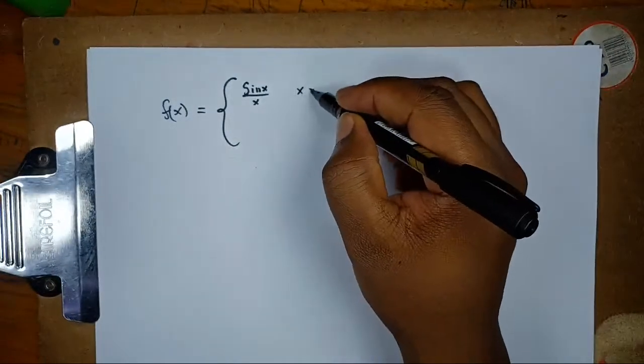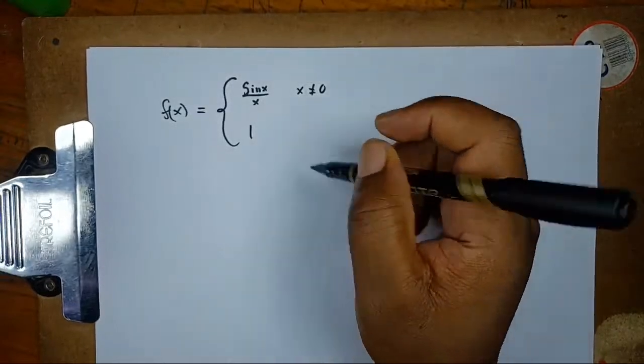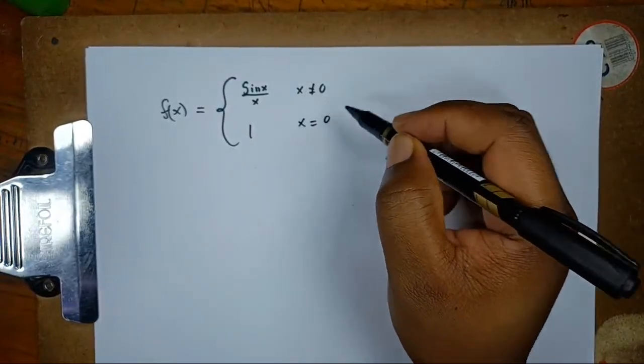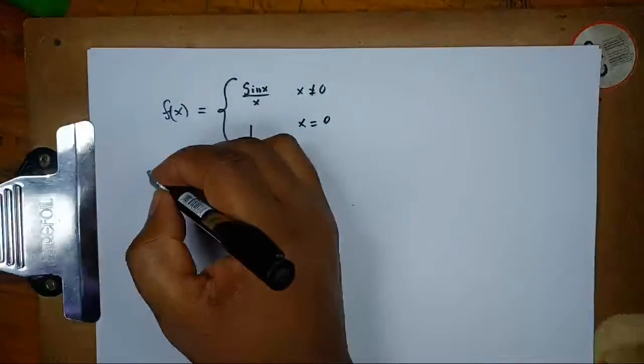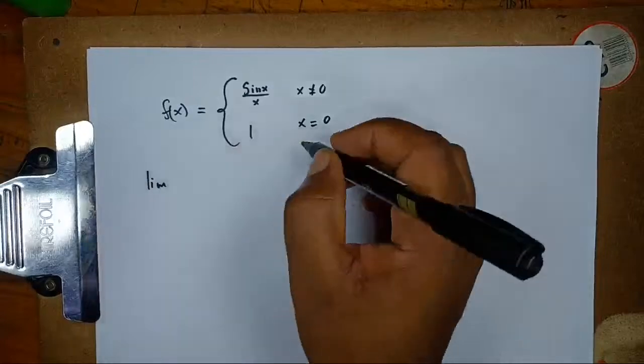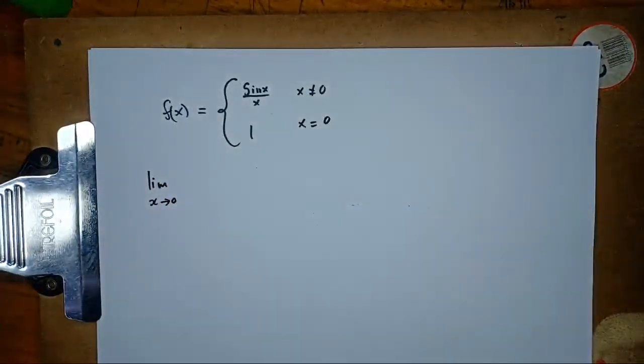So we're saying x in this case is not equal to 0, but we have a function f of x equal to 1, when x is equal to 0. Okay. So now we're going to apply the limit as x approaches 0, as stated there, of the function which is given, which is sine x over x. Okay.